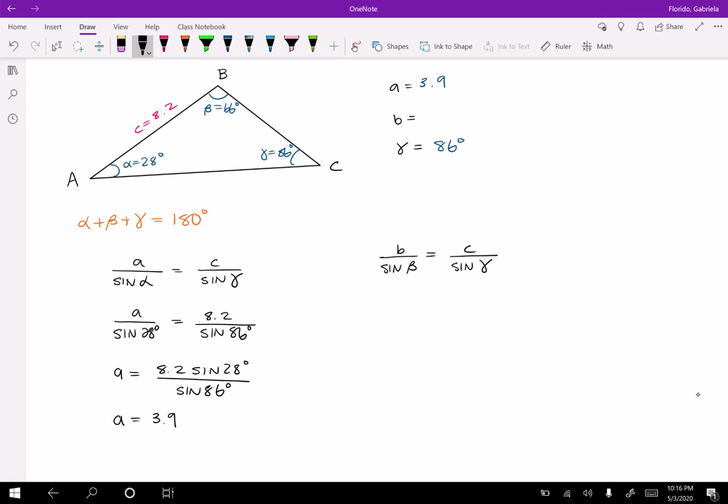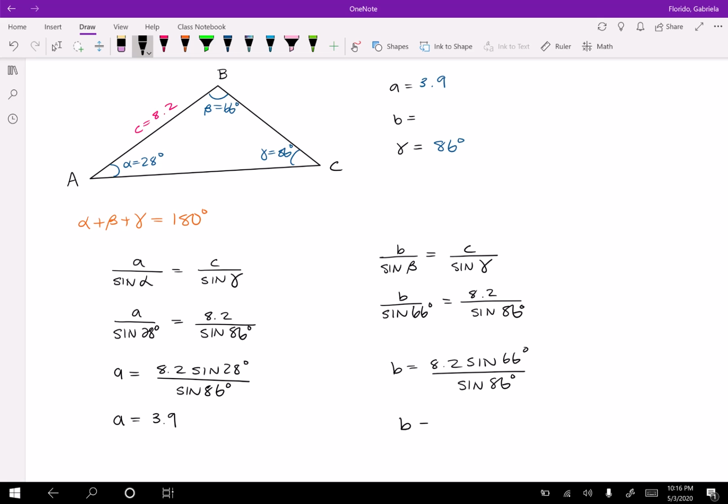So we have b over sine of 66 degrees is equal to 8.2 divided by sine of 86 degrees. So again, we solve for b. So we multiply both sides by sine of 66 and we get b is equal to 8.2 sine of 66 degrees over sine of 86 degrees.